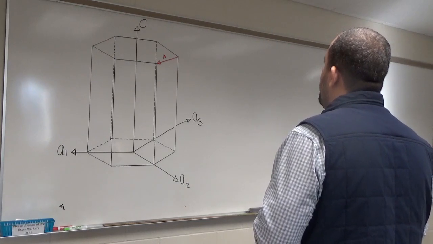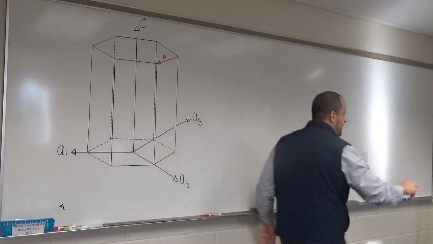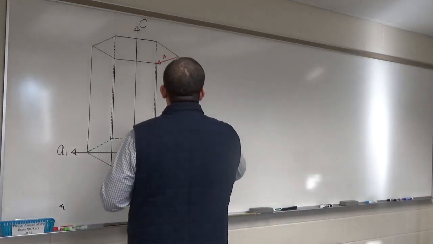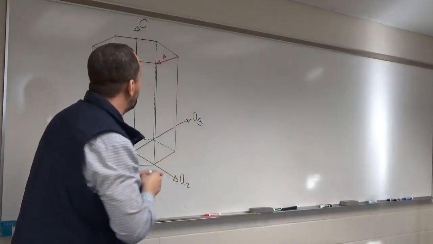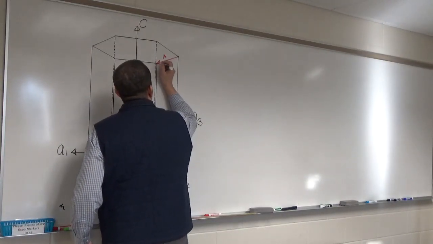So as I can see here, I can have 3 Miller indices for this direction, but before we do that, we need to figure out these 2 points, which is the tail point and the head point.